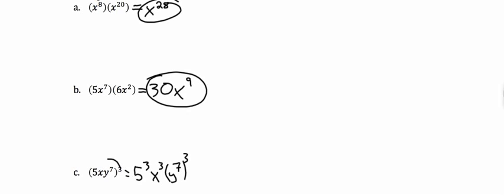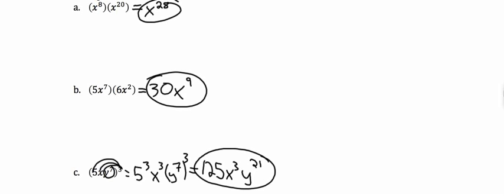So I'm distributing the exponent to the 5, the x, and the y to the 7th. 5 to the 3rd I can now write as a number, and I should. It's 125. Nothing I can do with x to the 3rd. And now for the y to the 7th to the 3rd, I can apply my power of a power rule. I've got 7 y's 3 times. That's 21 y's. Multiply my exponents. Y to the 21st.